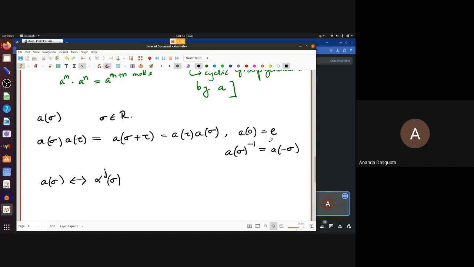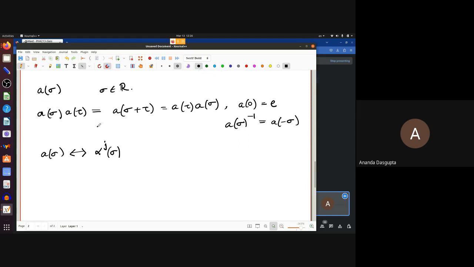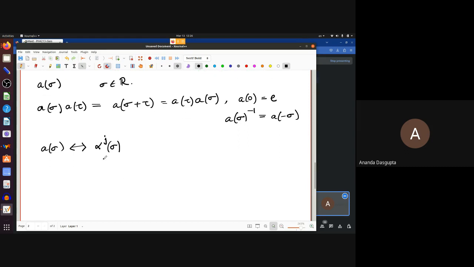So the group elements themselves also change. The question is, how does the defining equation for a one parameter subgroup translate in terms of the coordinates alpha j? How do I rewrite this equation?